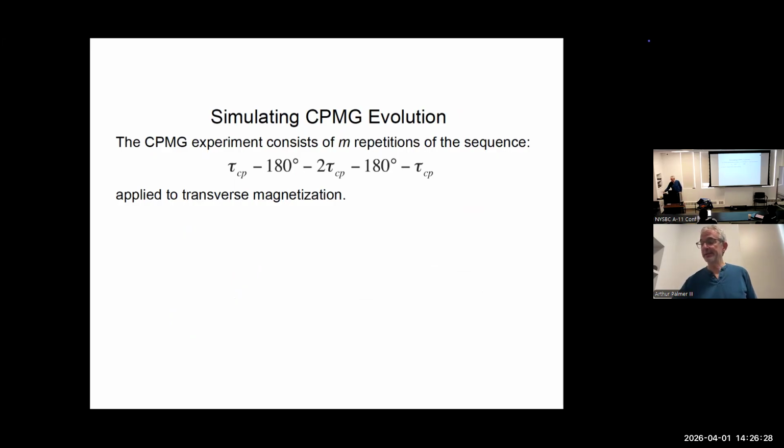Again, we said back in the beginning that if R2 was just dephasing, if we could pulse fast enough, we should be able to refocus the dephasing.